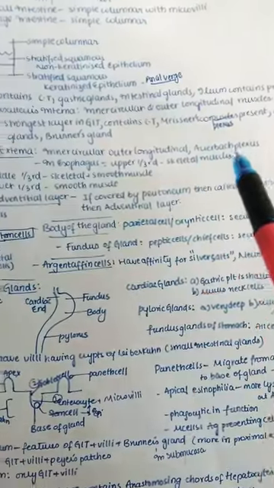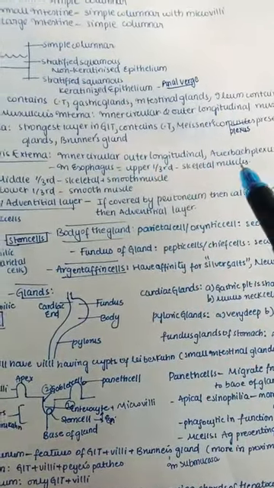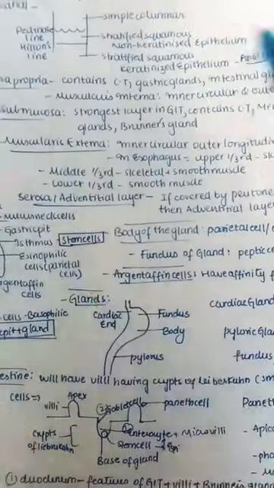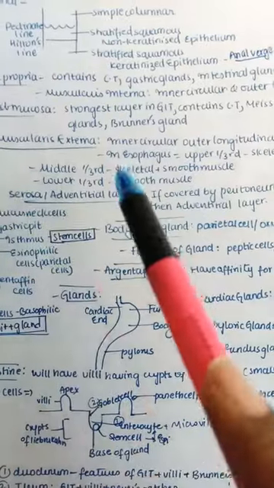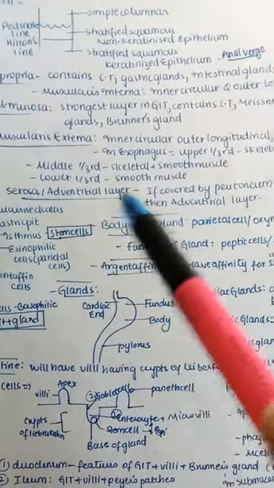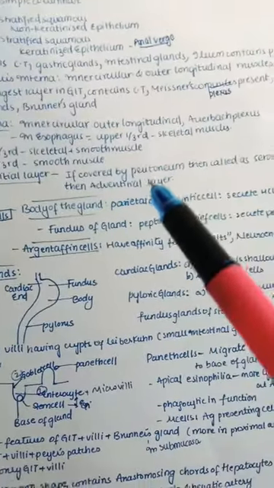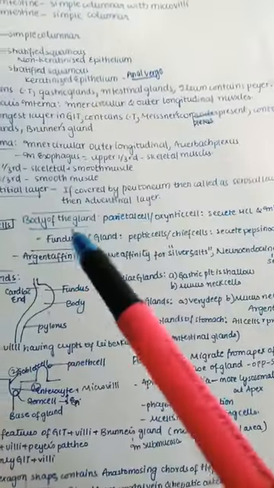It contains the Auerbach plexus, and in the esophagus the upper 1/3 is made up of skeletal muscle, the middle 1/3 is made up of skeletal and smooth muscle, and the lower 1/3 is made up of smooth muscle. Next, moving on to the serosa or adventitia, the outer layer: if it is covered by peritoneum, it is known as the serosal layer, and if not, it is known as the adventitial layer.